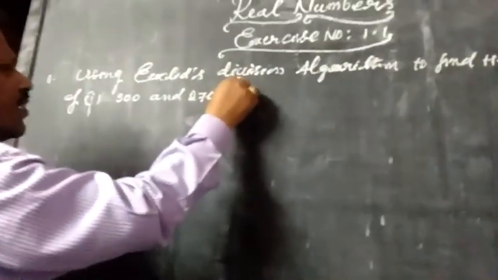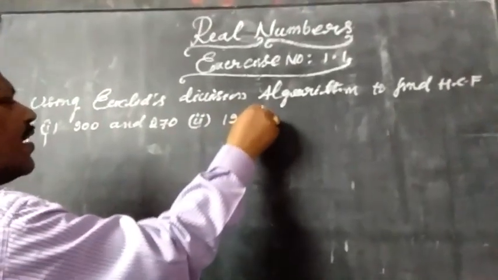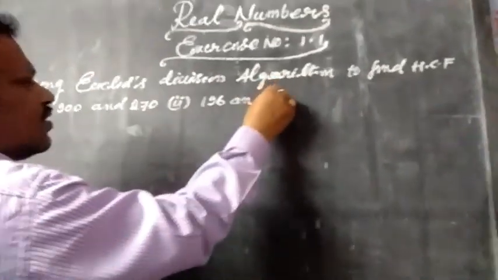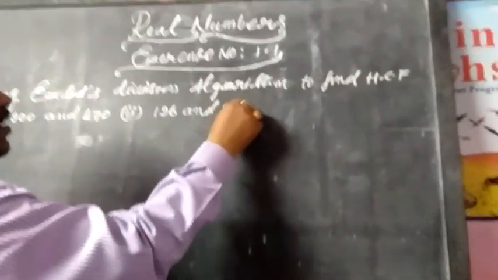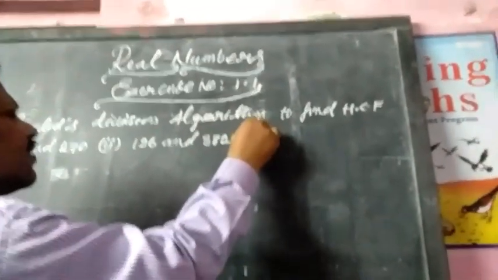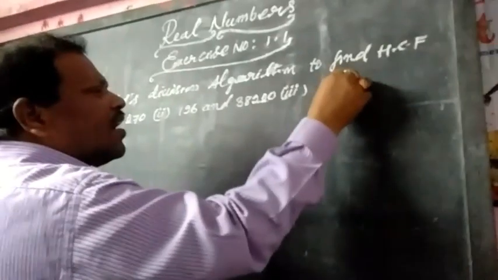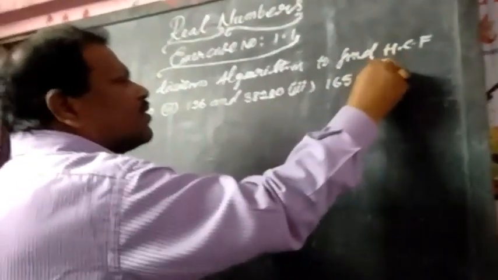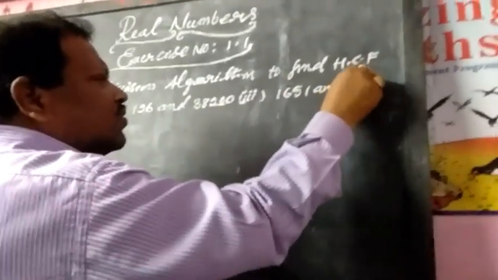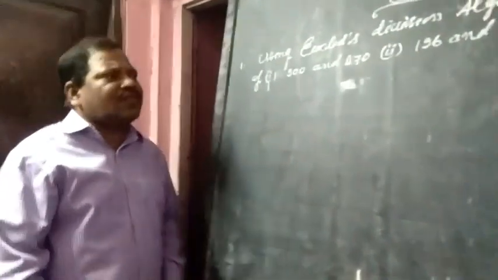The second sum is 196 and 38220. Third sum is 1651 and 203. Are you understood? These three sums now we have to discuss.